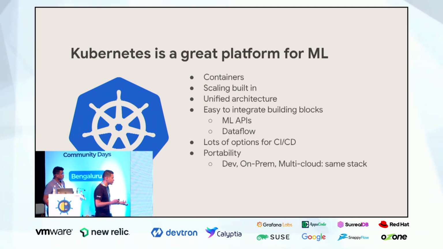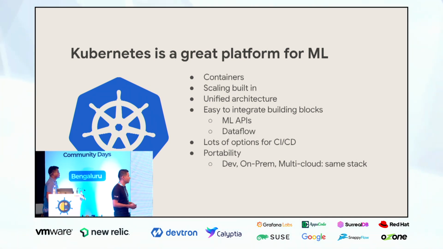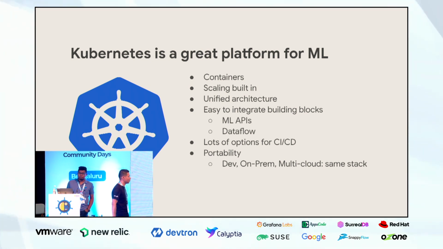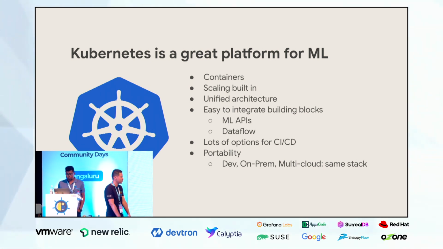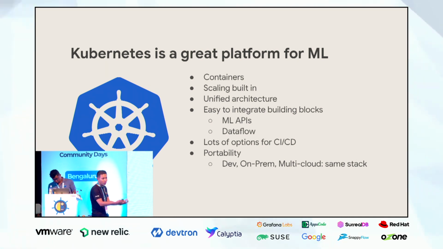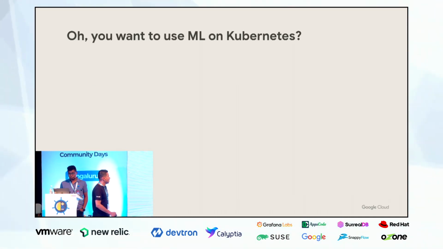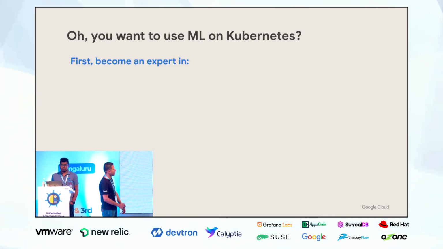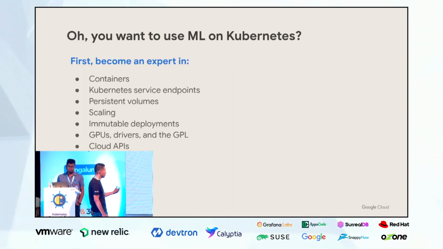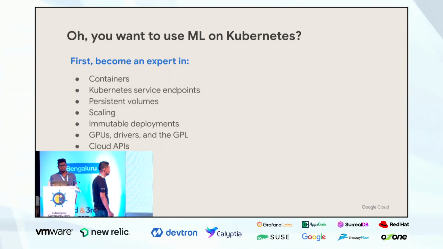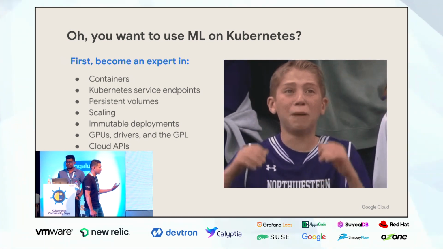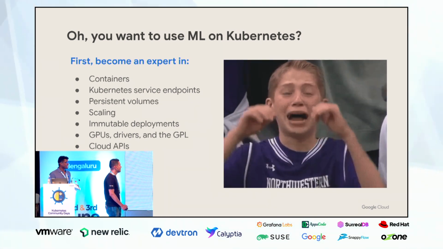And Kubernetes obviously is a great platform for ML, and these are some of the advantages of why you should use Kubernetes for building your ML systems. But if you want to use Kubernetes for ML, you have to be an expert in multiple things, and it's not an easy job, obviously. Yeah, literally you would have tears in your eyes.